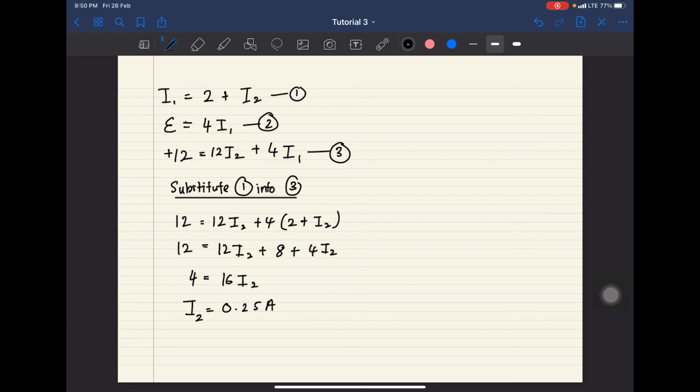Okay, now let's solve the next step. I can substitute the value of I2 inside my first equation. Substitute I2 into equation 1.